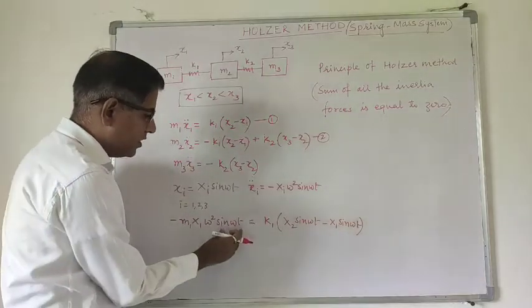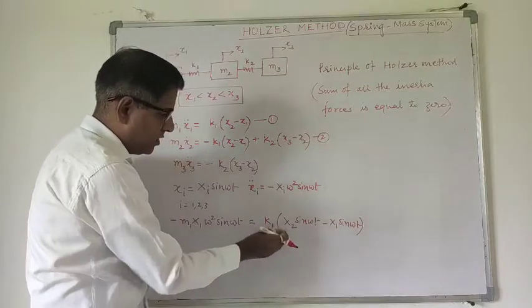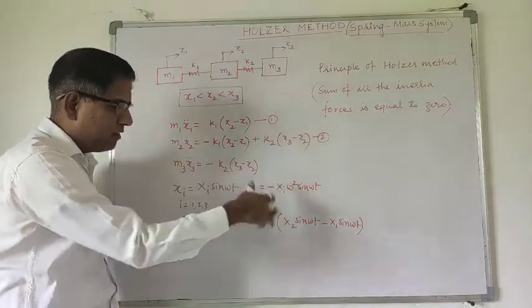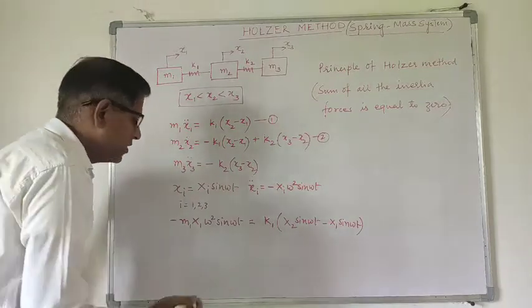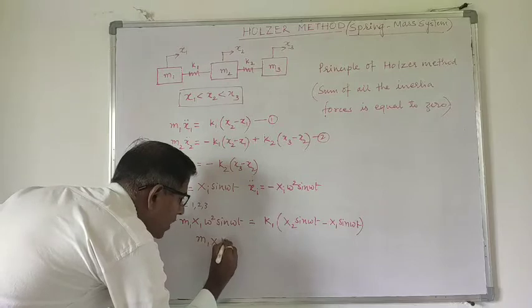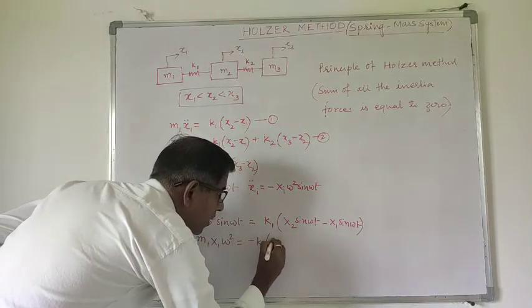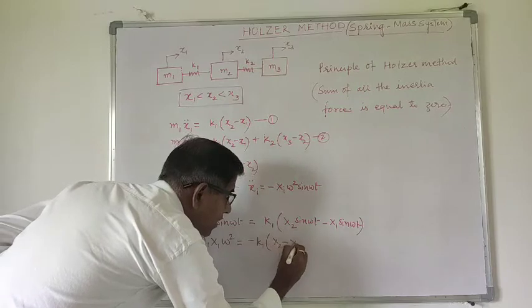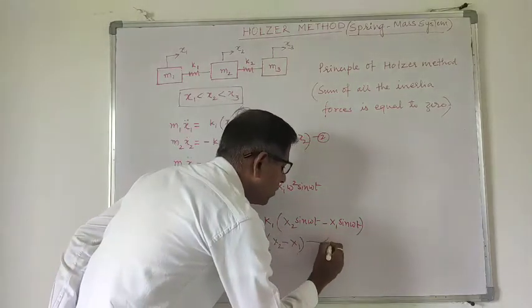If you take sine omega t common, it gets cancelled, and this minus sign comes to this side. So m1 X1 omega square is equal to minus k1 into X2 minus X1. So this is equation number 4.